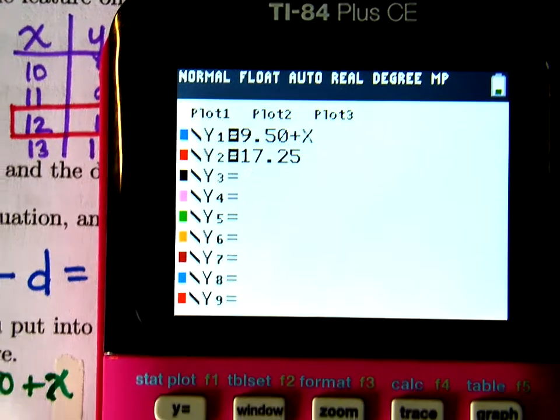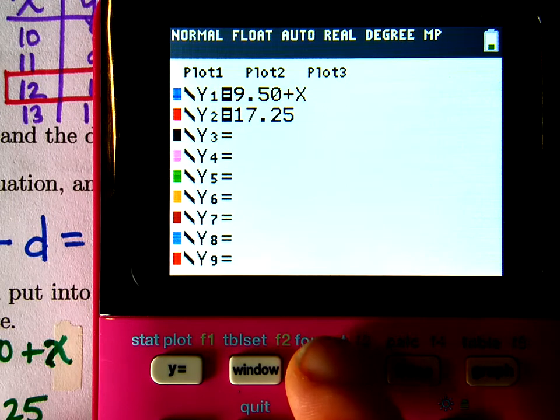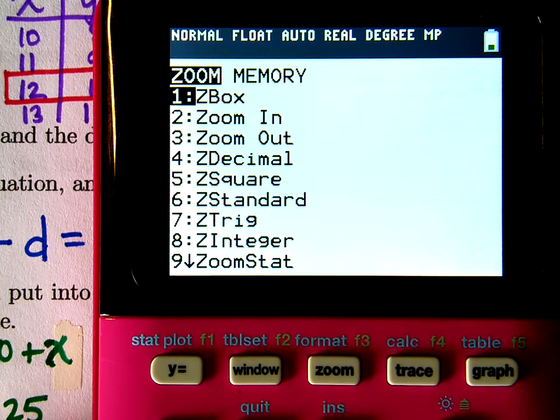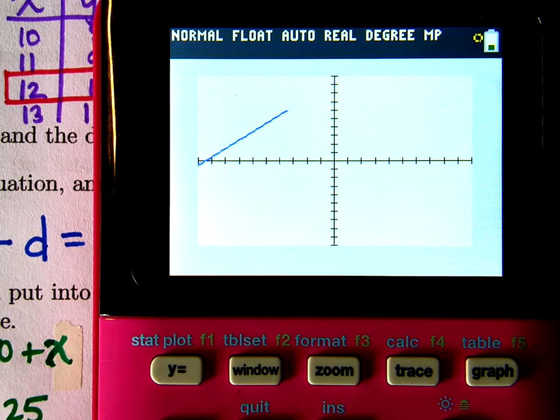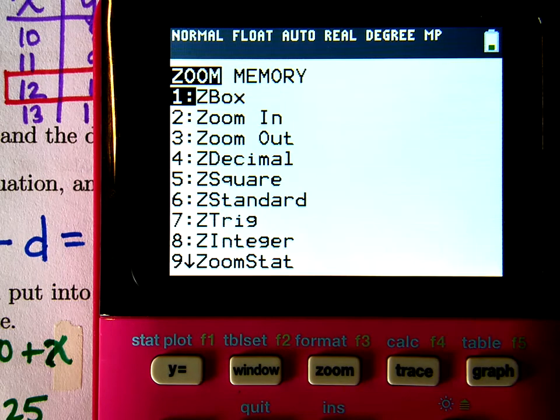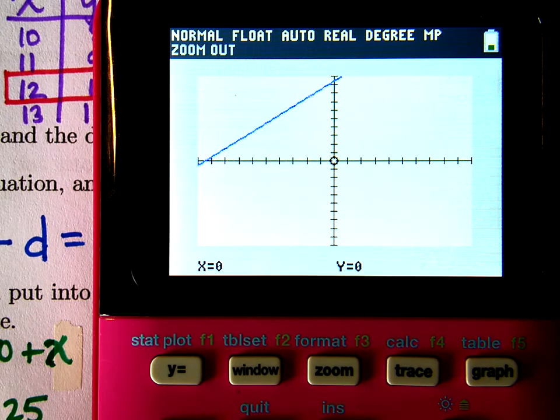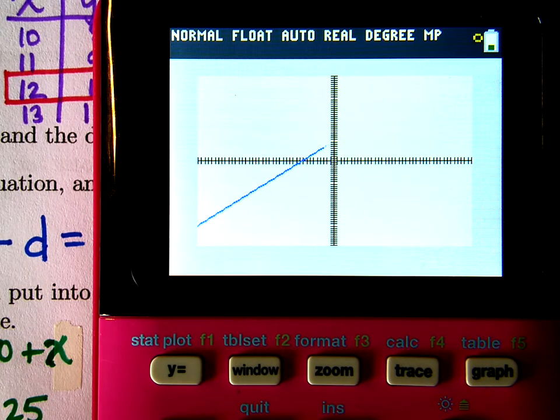Okay, I'm ready. Here we go. We're going to go zoom and go down to standard and hit enter. Okay, we didn't even get to see both of them, so we need to zoom out again. Zoom out, enter.